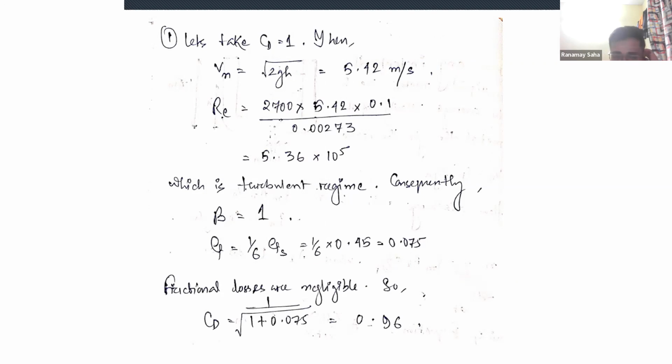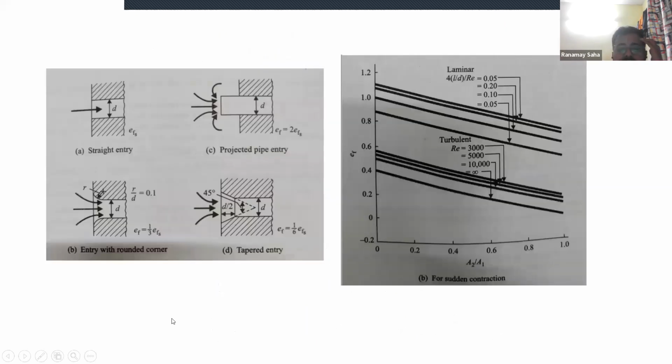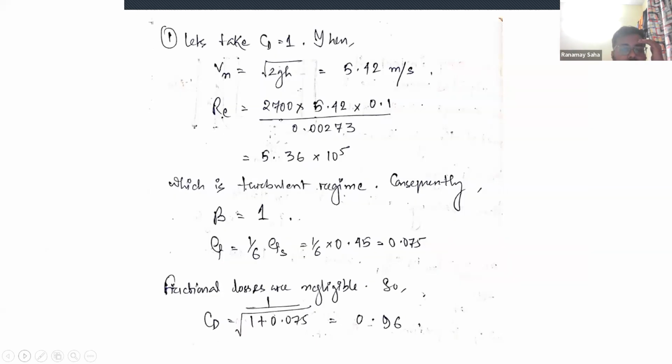So for CD, there is a particular formula, which is given as 1 plus EF, that is the friction coefficient, plus 4 times the friction factor in bracket L by D. L is the length and D is the diameter of the nozzle.